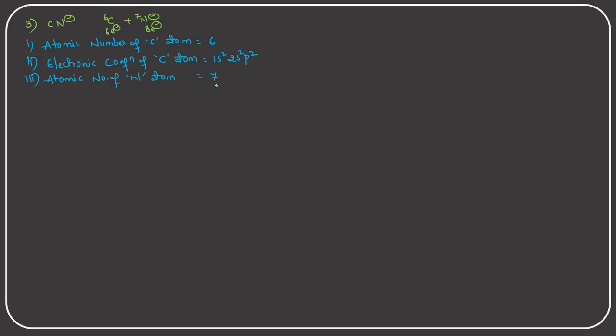The proton number never changes because it is present in the nucleus, right? So our fourth point is the electronic configuration.